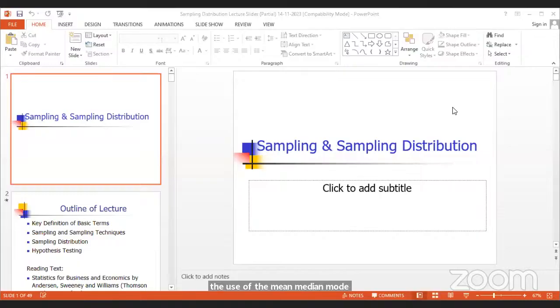And for the measures of dispersion, we discussed the use of range, mean deviation, variance, standard deviation, and the like. Those figures give us an indication of how spread out our data is.